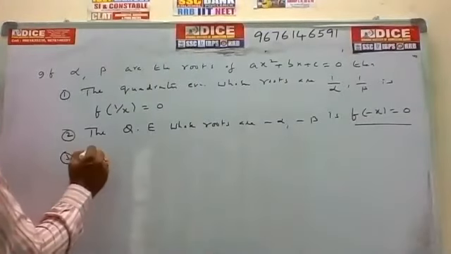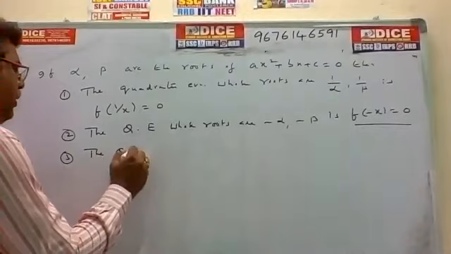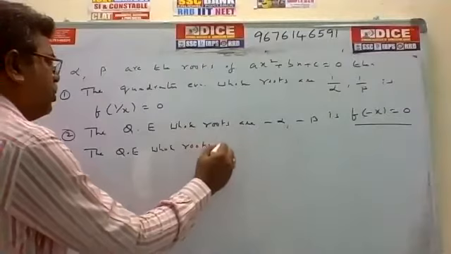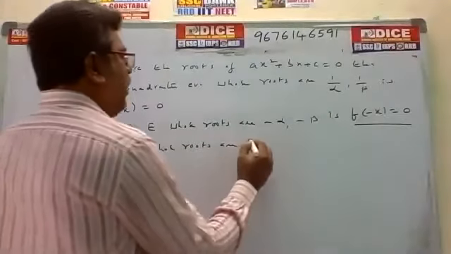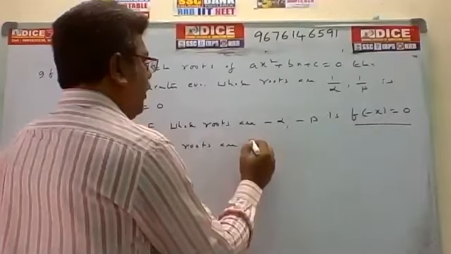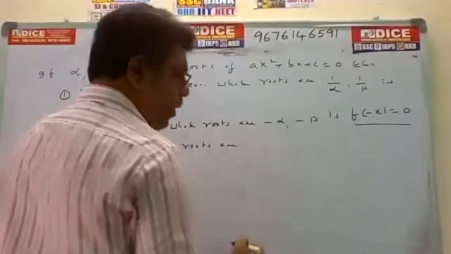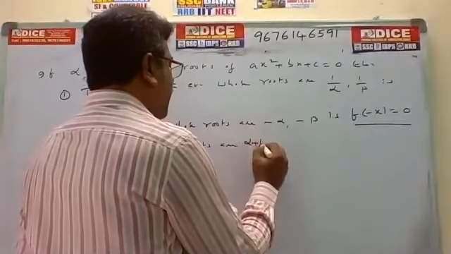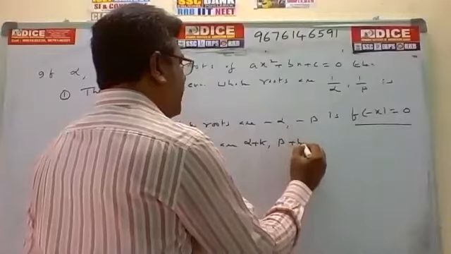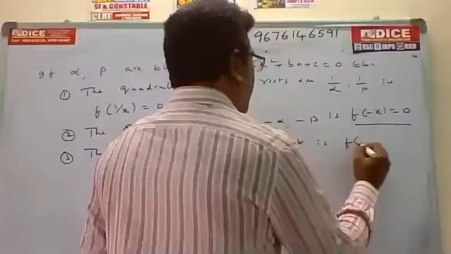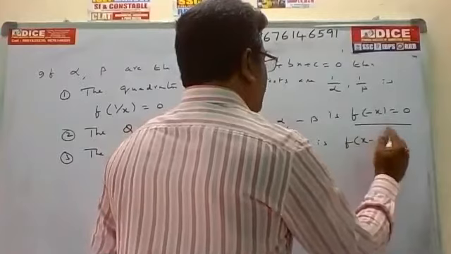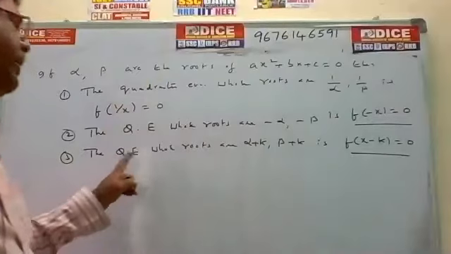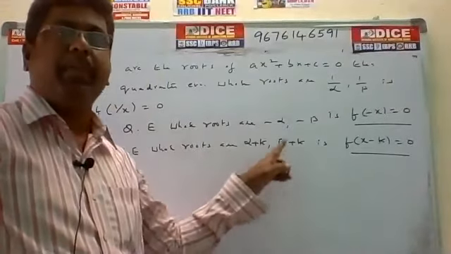Third one. The quadratic equation whose roots are alpha plus k, beta plus k is f of x minus k is equal to 0.